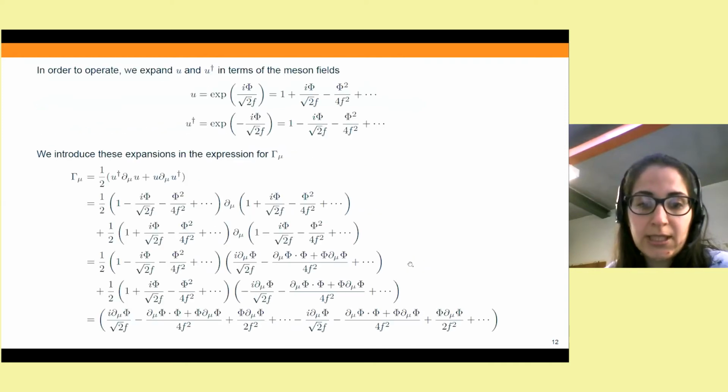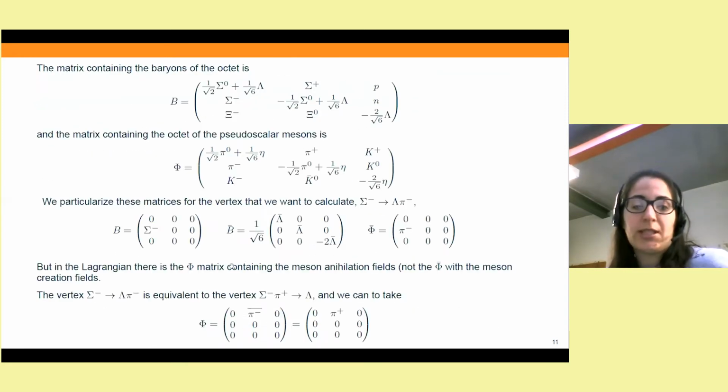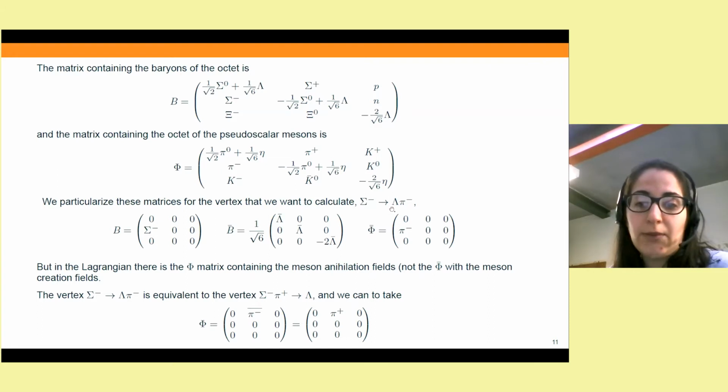Okay, so the matrices were these ones here, okay? For the incoming baryon, we only keep the sigma minus in the matrix B. And for the B bar, we have to keep the outgoing baryon, the lambda, in this case, a lambda bar, because here we have annihilation fields and we are creating a lambda, so we put the lambda bar.